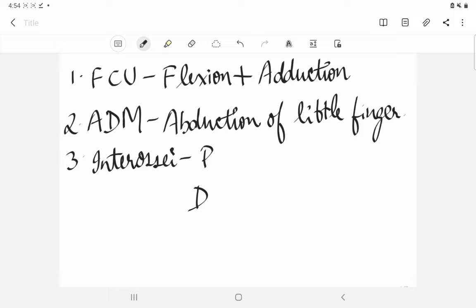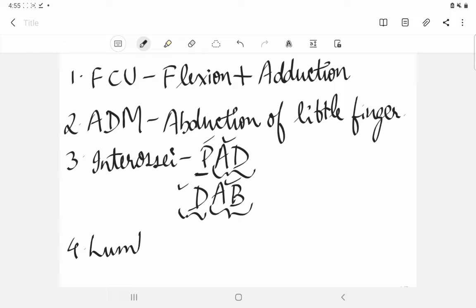A really common mnemonic to remember the action of the interossei muscle is PAD and DAB. So the palmar interossei do adduction, and the dorsal interossei do abduction. Palmar interossei, adduction. Dorsal interossei, abduction. Now we'll talk about the lumbricals.